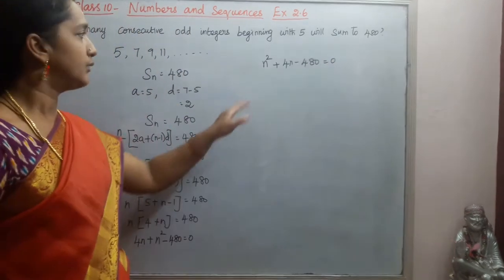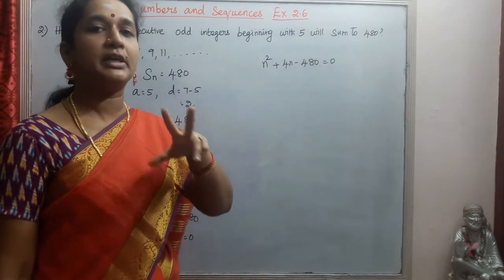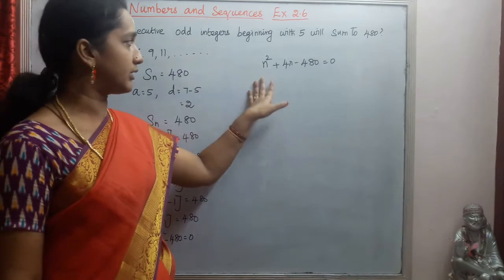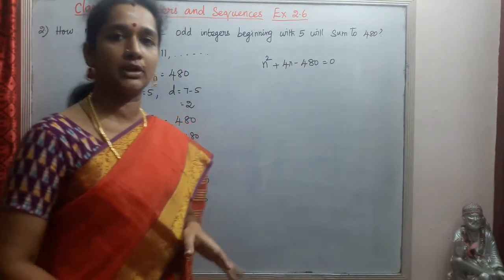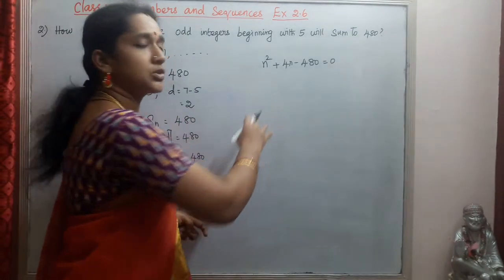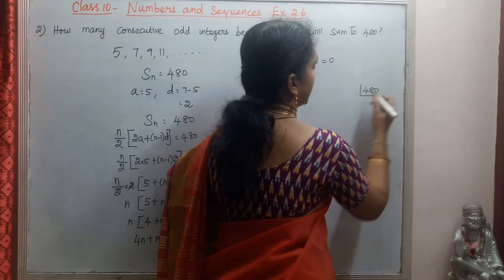In this we will be getting two n values. So we will solve this quadratic equation. Now we will find the factors of 480.